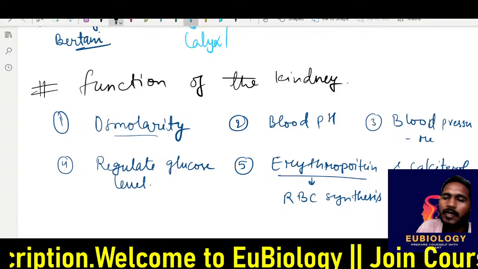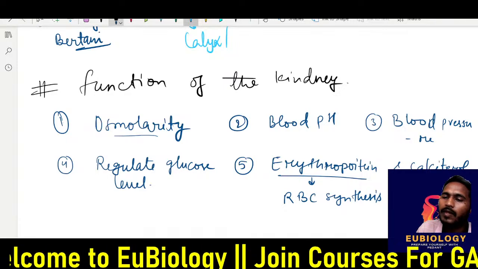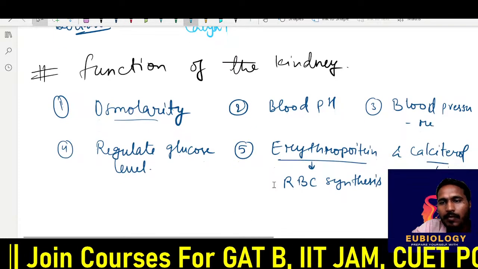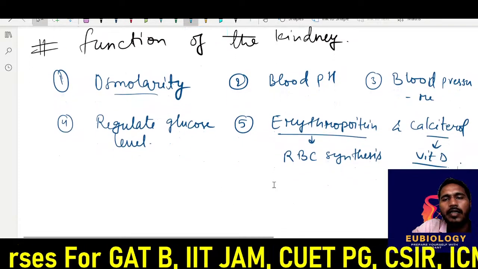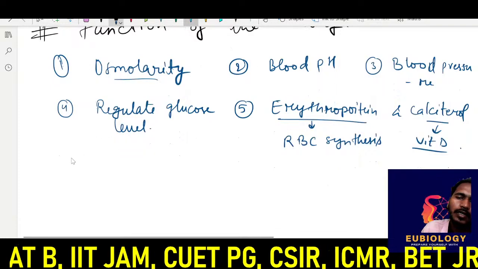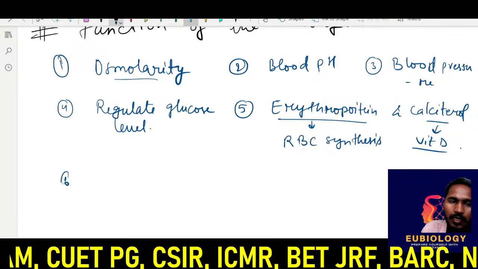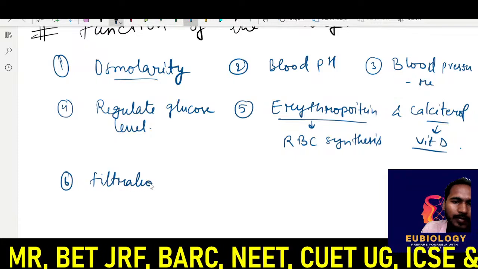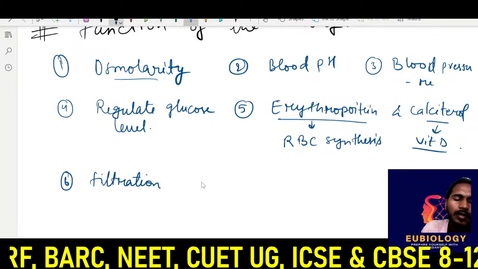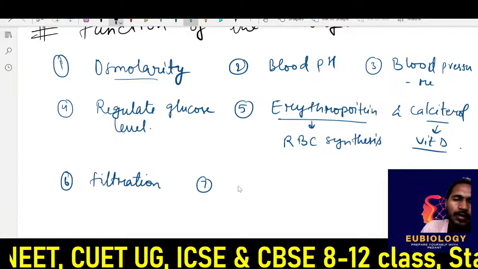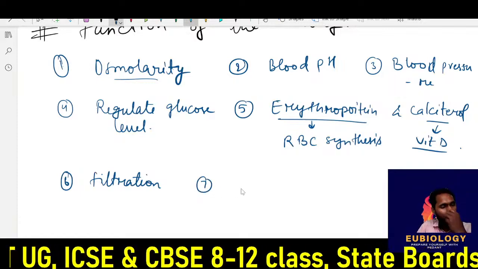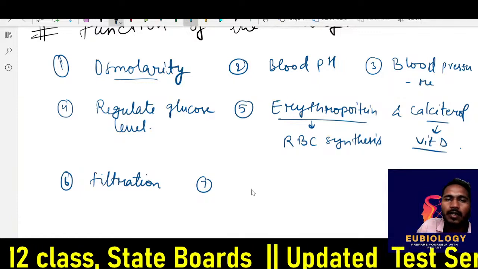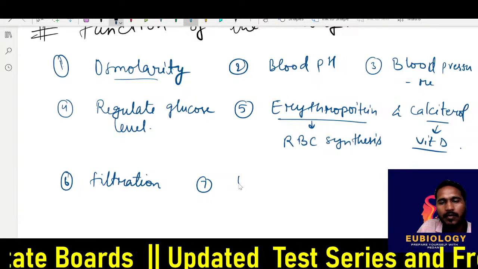Actually, calcitriol is an active vitamin D. So these are the important things which will be done by the kidney, and filtration, the important thing which we are going to read in this topic, that is the filtration of the blood, and reabsorption, secretion, removing, excretion of the waste.